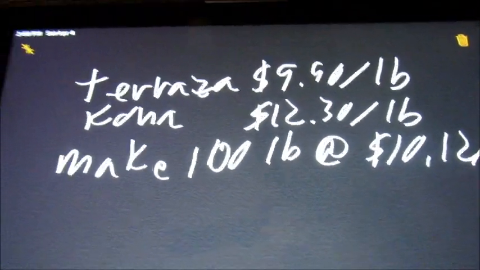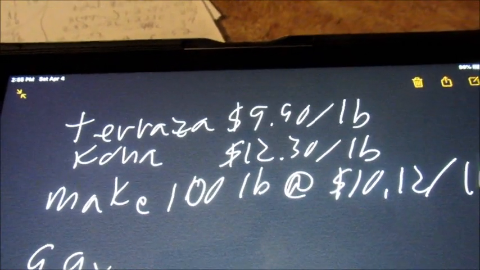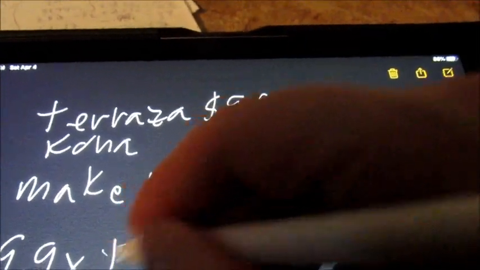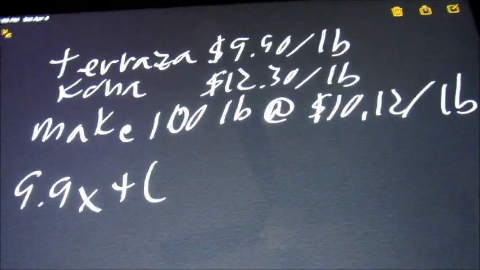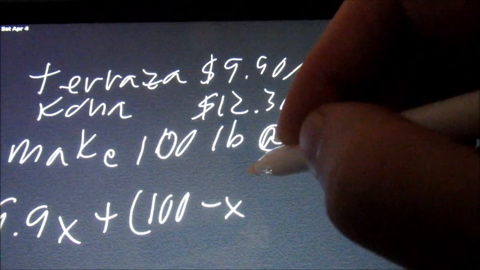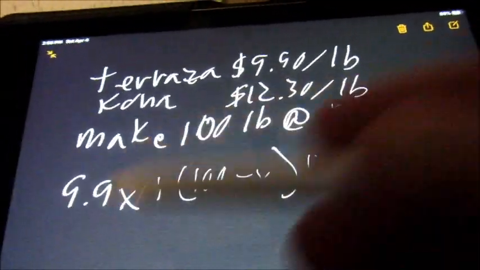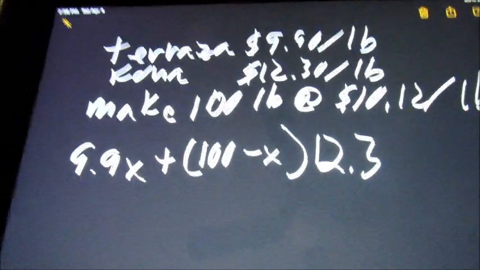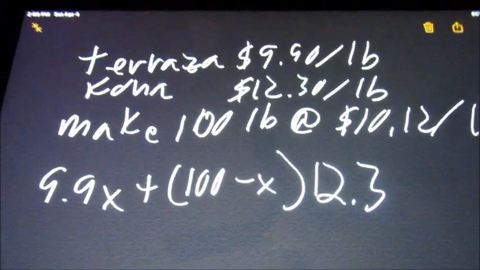100 pounds. So we're going to just say 9.9 because first we're going to solve for Terrazza, and it's plus, and we know that there's a total of 100 pounds, so we're going to say 100 minus x times the 12.3. So x plus 100 minus x equals the total of 100 pounds.